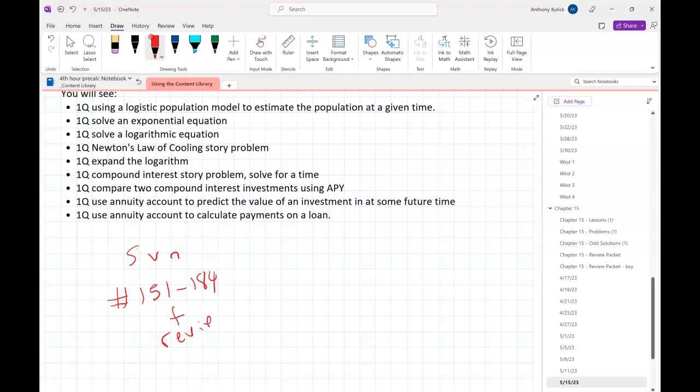And we got our review then to add in on that. So that's for Sunday. Wednesday will be the chapter 15 test. And we'll figure out what to do Friday to the end of the year once that kind of rolls around.